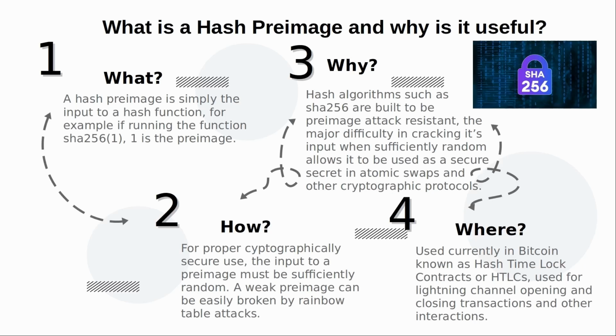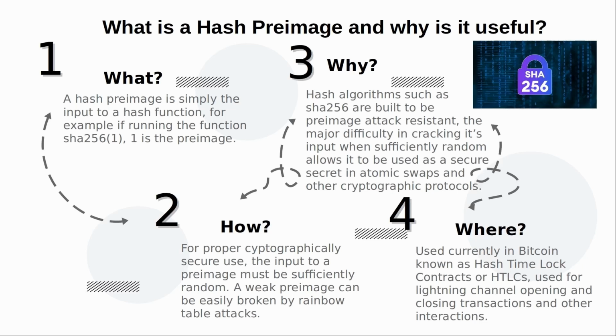You can chalk this up to it's very difficult for a computer to guess what the input to the hash is. It's so difficult that it's safe to be used in time lock contracts where the time that it's expected to be locked up in is shorter than the time it would take to break it, which at this point, for most computers, the time it would take to break it is excessive.